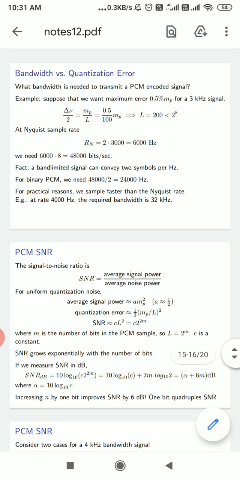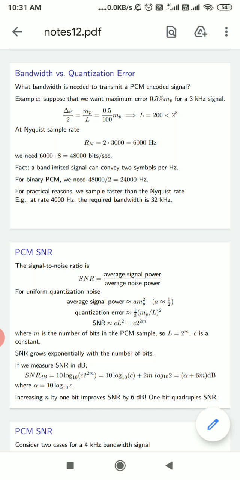Suppose the question gives the maximum error as 0.5% of MP. So you can take 0.5 upon 100 into MP as the maximum error.